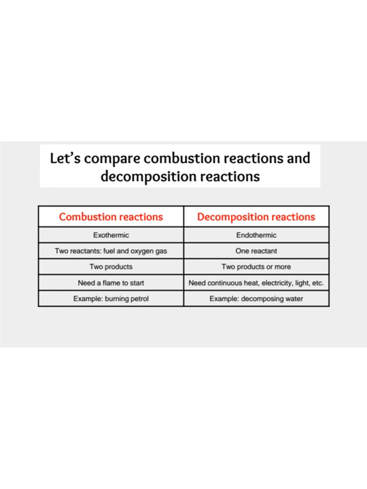Concerning the combustion reaction, it needs a flame to start, but a decomposition reaction needs continuous heat, electricity, or light. When the source of energy is absent, the decomposition reaction will stop.